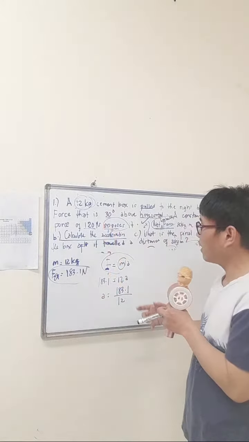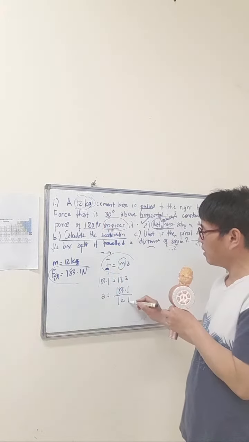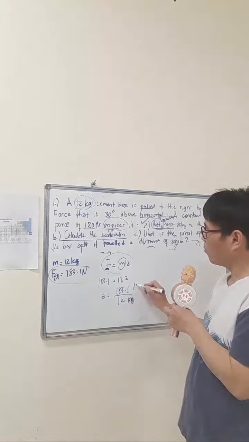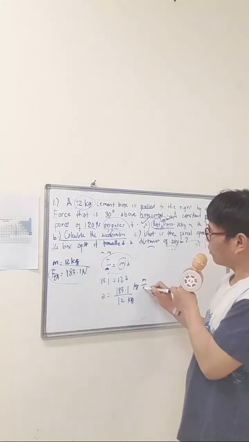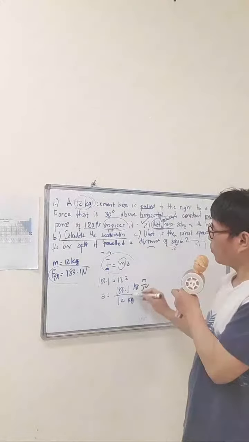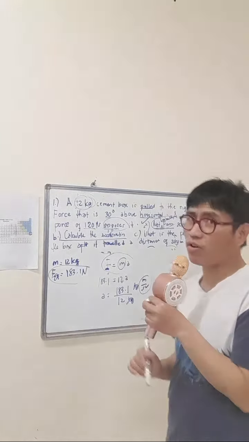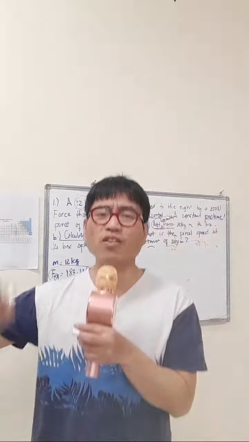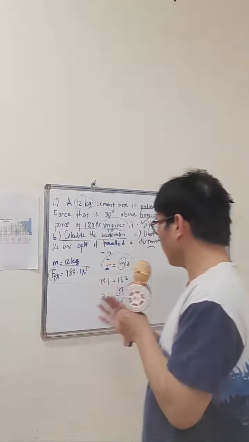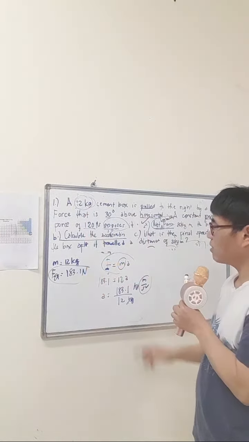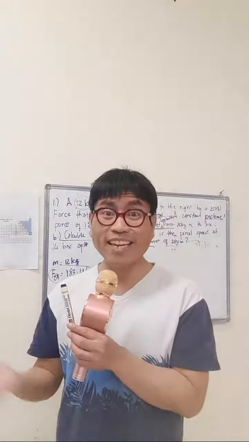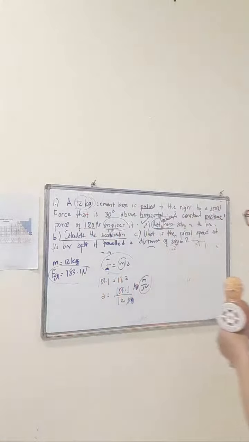It is only kilogram. Newton is kilogram meter per second squared, so the kilogram will be cancelled, and what will be left is your acceleration, which is meter per second squared. And you can never substitute the pound because that is English units.